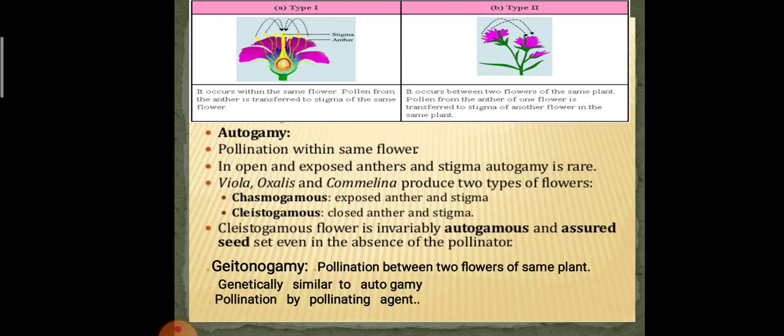Chasmogamous means the flower is exposed and open, with anther and stigma exposed. What is meant by clistogamous? Clistogamous means a closed flower where anther and stigma are closed because of a special aestivation, known as vexillary aestivation. And in bird pollination, the flowers are in a closed condition, and because of that, pollination actually takes place. We can clarify these circumstances through examples.